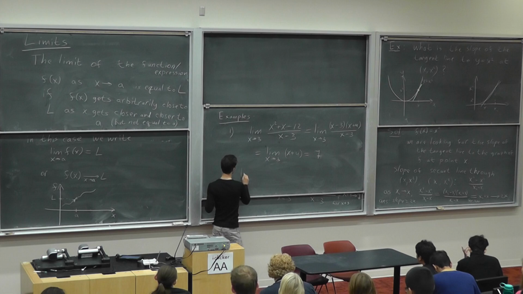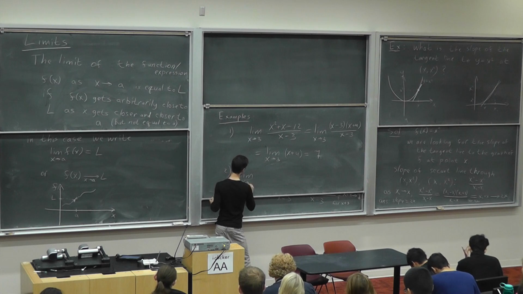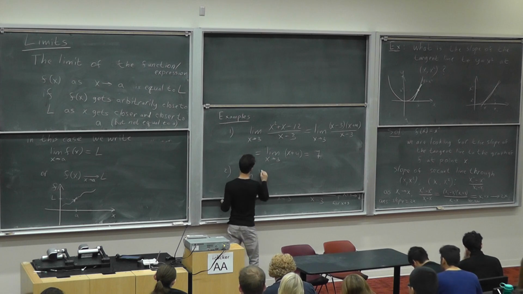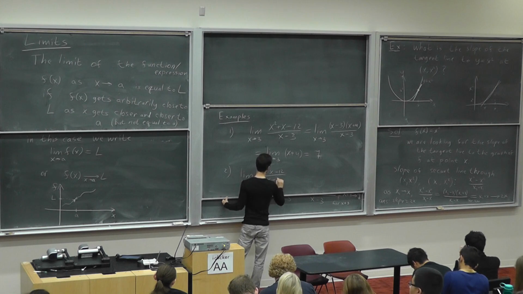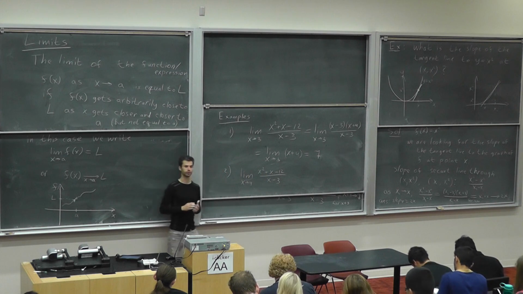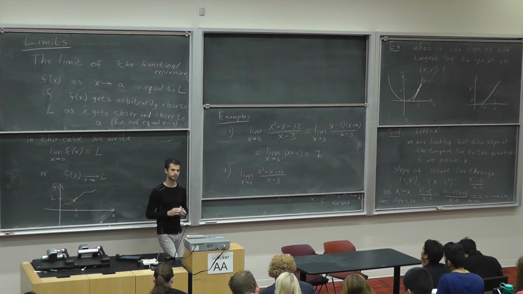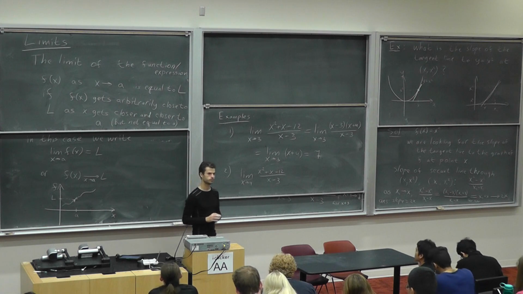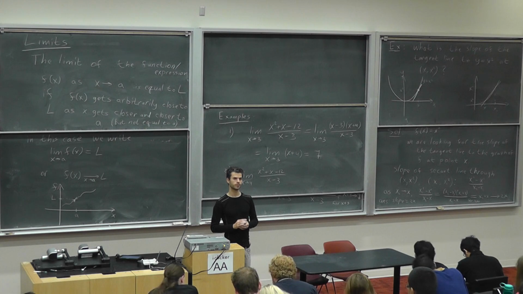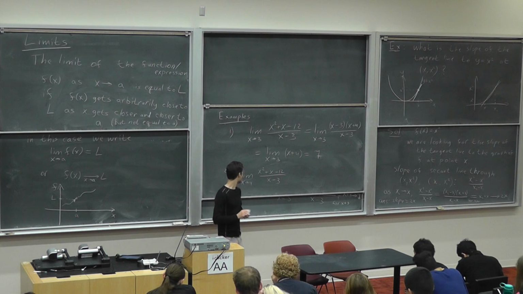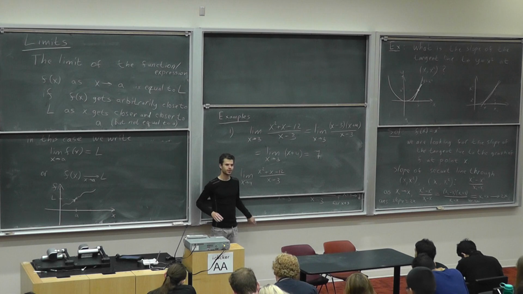Let's have another example. The same limit, but now at x approaching 4. Same function, same expression, but the limit is going to be at the point 4. Well, there are two ways to approach this question.